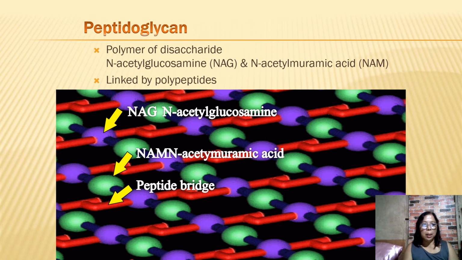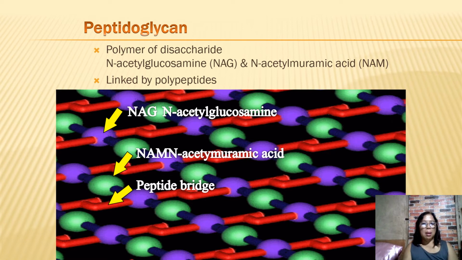So the violet ball here represents the NAG or the N-acetylglucosamine, and then the green ones are the NAM or the N-acetylmuramic acid.